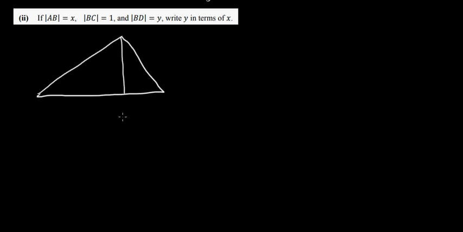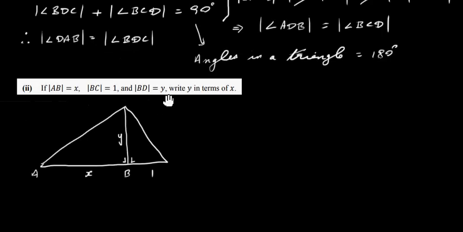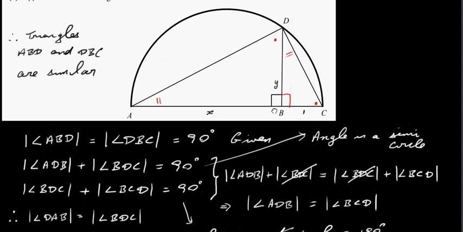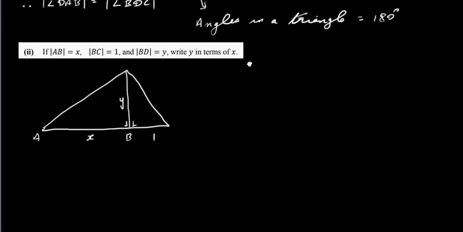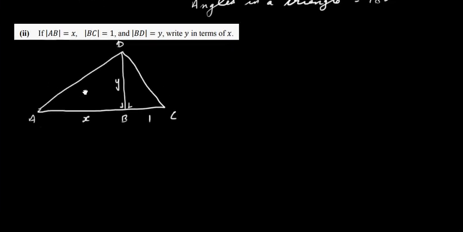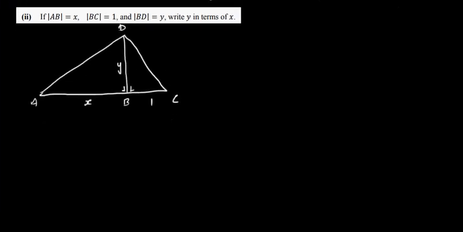So we were told that this distance here is x, this distance here is 1, and this distance here is y, and we're told this is a right angle, this is a right angle here. So this is AB is x, so this is b here, I think, from what I can remember. Let me just double check that. ABC along here, and we got D up at the top then. So we have AB, and we have C here, and we have D up here. Okay, so let's work through this.